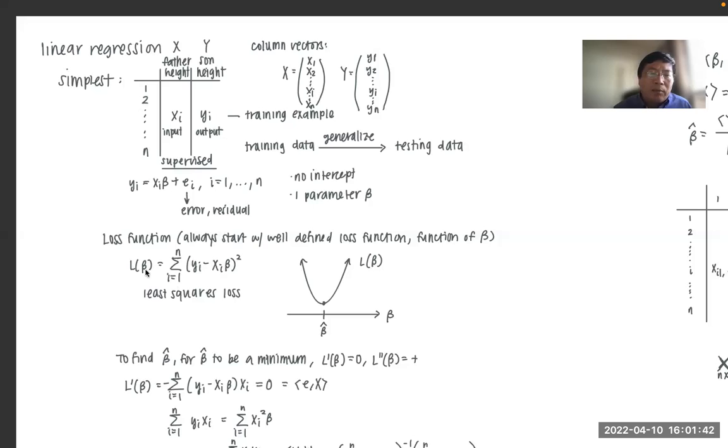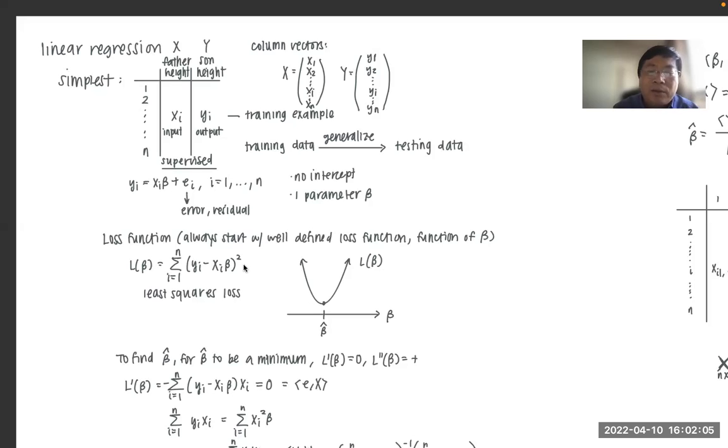The idea is that we want to find the beta that gives us the best explanation for the data, so that under this optimal beta, xi beta gives us the best prediction of yi, so that the difference is minimized. So this is the notion of a loss function. You want to find the beta with a minimum loss.